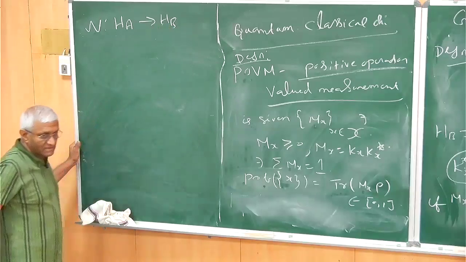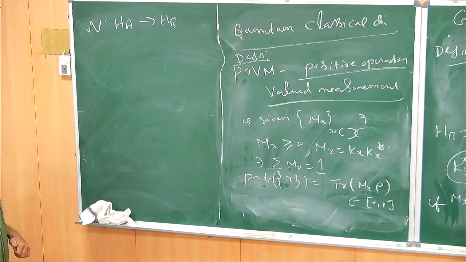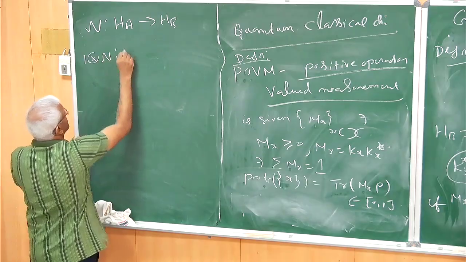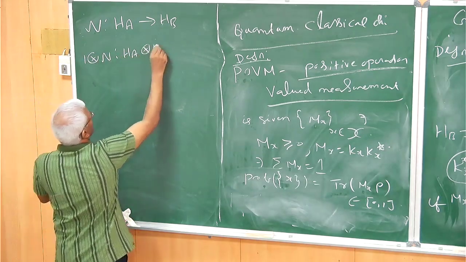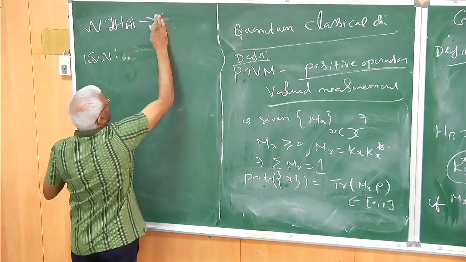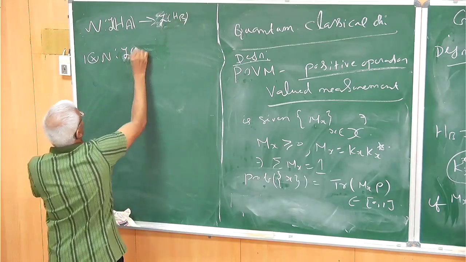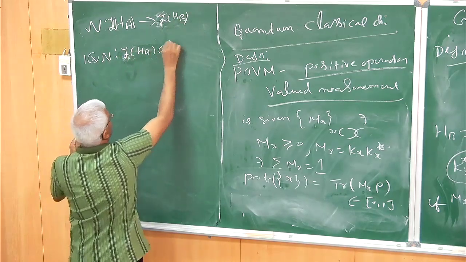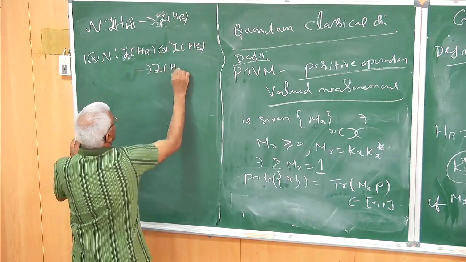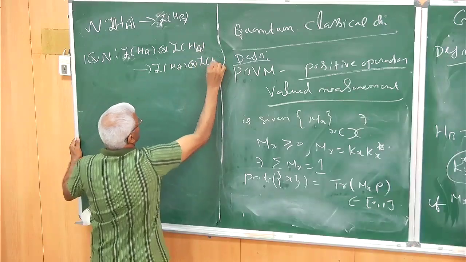HB is just the classical space generated by the vectors X. And one tensor N is of course from L of HA tensor L of HB, to L of HA tensor L of HB. Sorry, this is A, to L of HB.